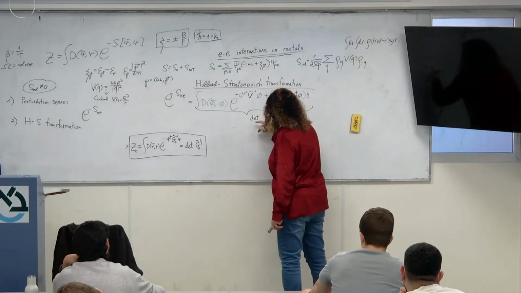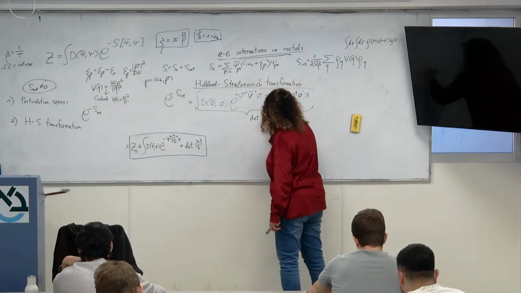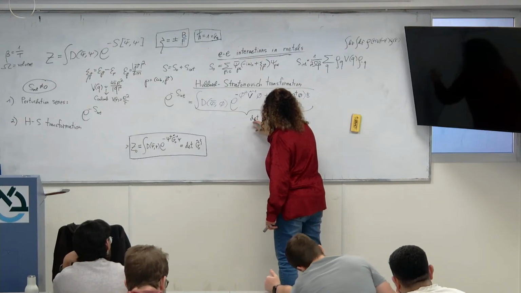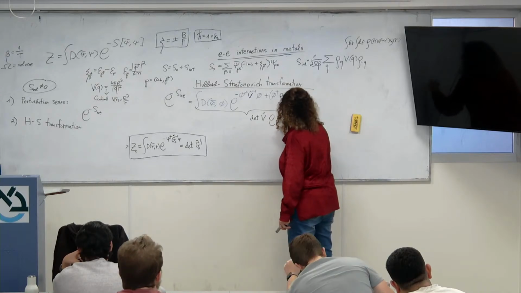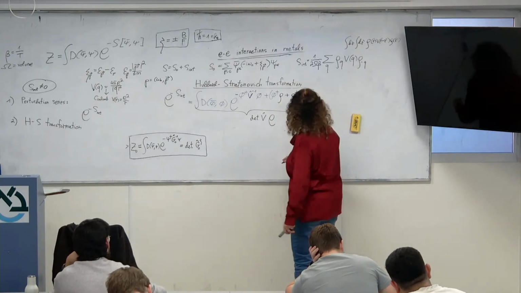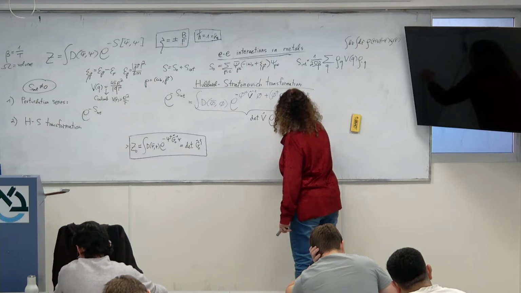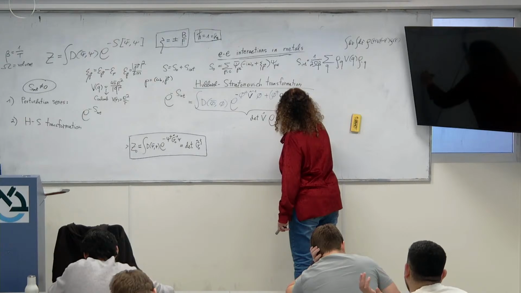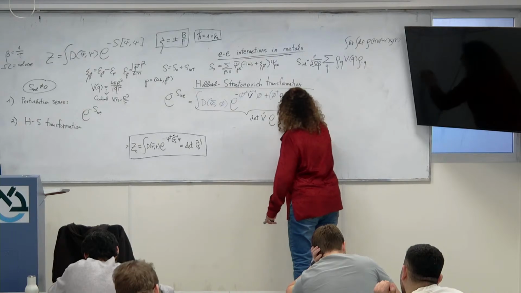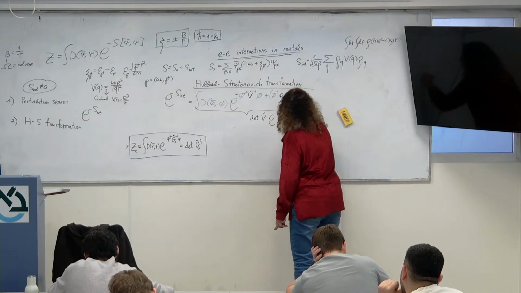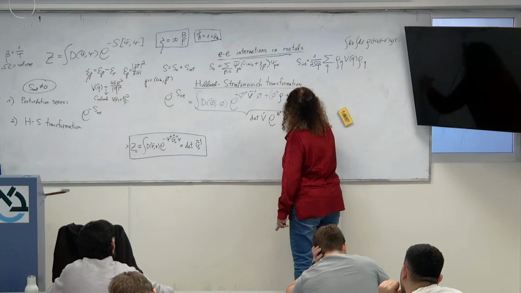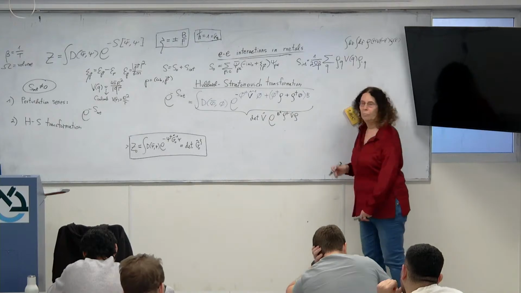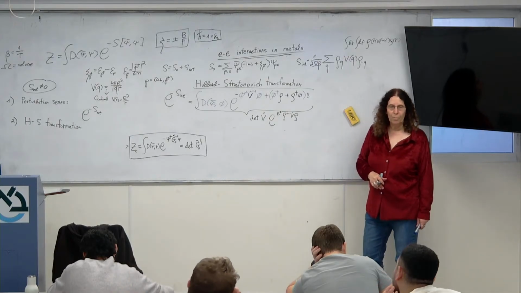The result of this is the determinant of v times an exponent. Because of the linear term, you get an exponent of this parameter b squared, and then there is rho dagger v rho. That's the result of the integration.